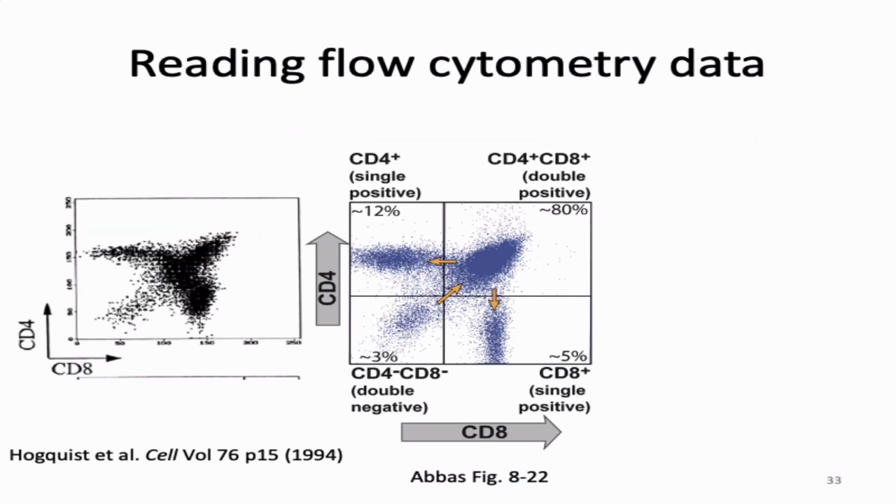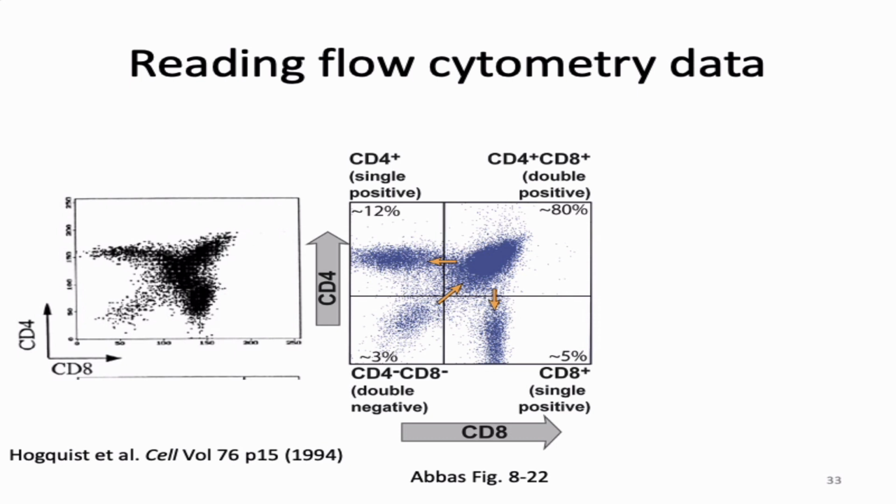Oftentimes, this is really what the data will look like. Oftentimes we draw these boxes called quadrants to help us analyze, although people are doing that less and less. So you can see we have 4 populations here, and they are of different sizes. They have different percentages.